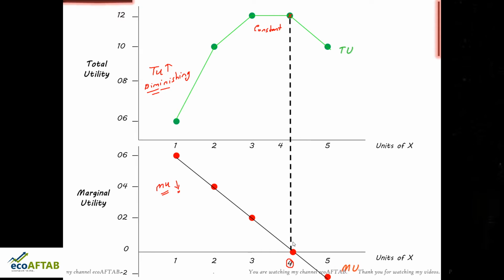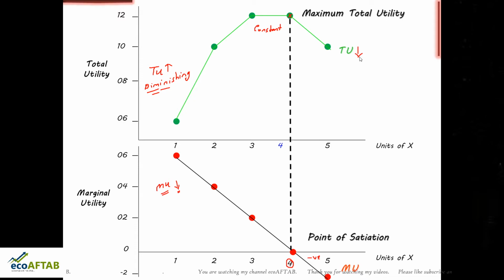And beyond the fourth unit, when the marginal utility is becoming negative, you can see the total utility is declining. So the fourth unit of consumption, I would like to call the point of satiation, and it is the maximum total utility that we are deriving.